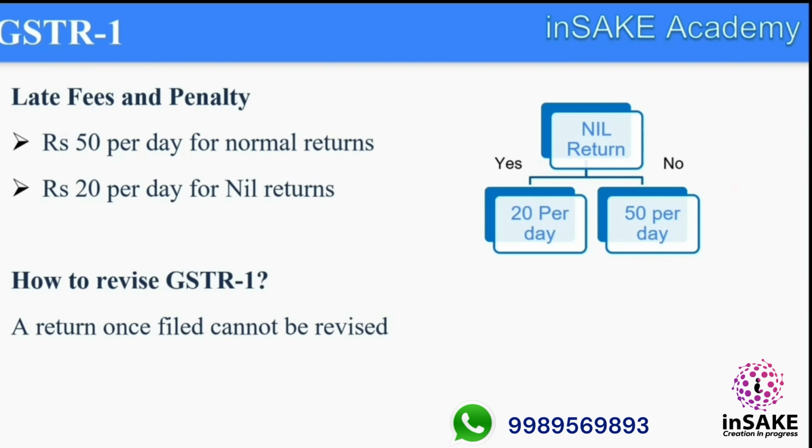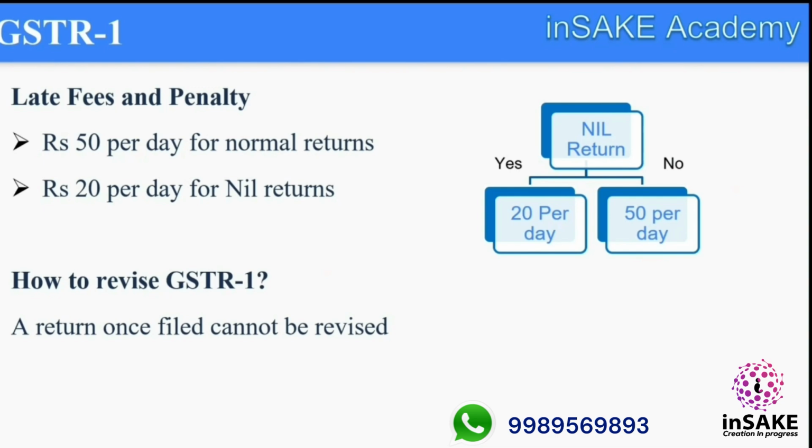Take an example: if you're filing for the month of April 2021, you made some mistakes, and in the month of May you realized the mistake has been made. In May, we can't go to the original return which was filed in April. So whatever the impact of the mistake, you can report it in the May month when you're filing the GSTR 1 for May.